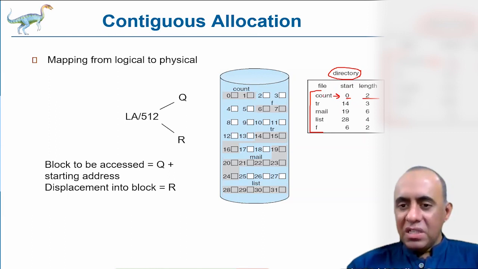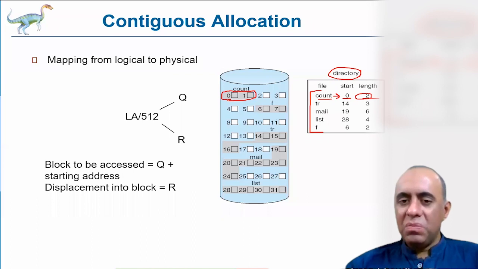For example, the file count starts at logical block number 0, and it consists of two logical blocks. So we end at 1. These are two blocks, both combined into the file called count.